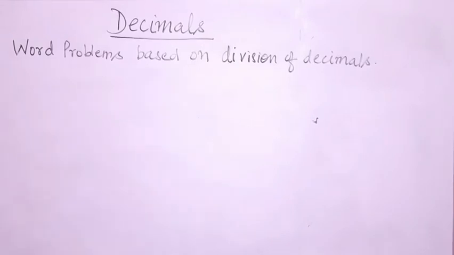So students, the next question is, let me read the question for you. If 6 equal sacks of potatoes weigh 30.09 kg, what is the weight of one sack? So we have to find out the weight of one sack. 6 equal sacks of potatoes weigh 30.09 kg.